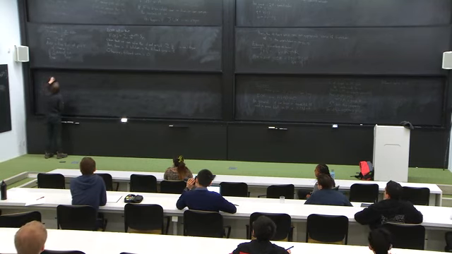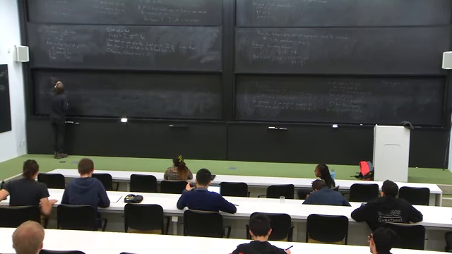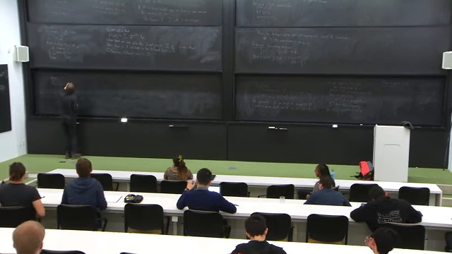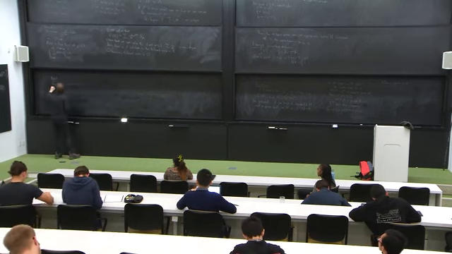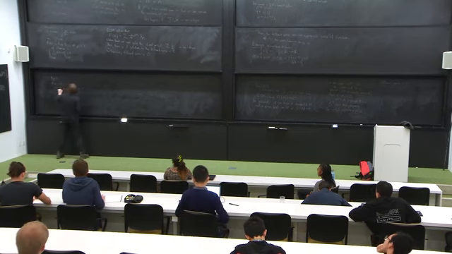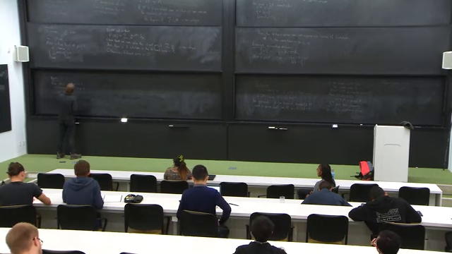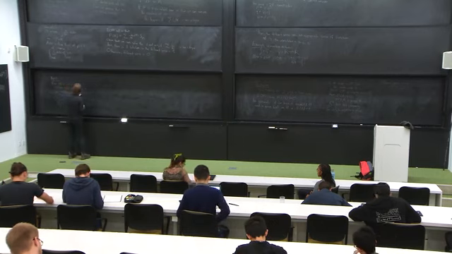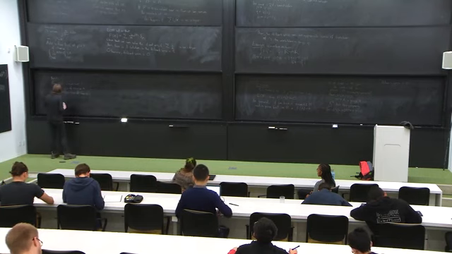So for U1 Chern-Simons theory at level k, the Wilson line of charge k is in fact equal to the Wilson line of charge 0.